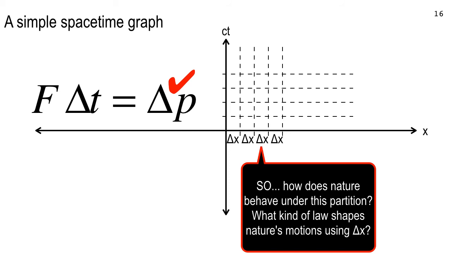Temporal means time, tempus fugit. So when I say temporal axis, I mean the ct axis. And along the ct axis, equal c delta t's correspond to the way that the impulse formula is set up. So it's ready-made.